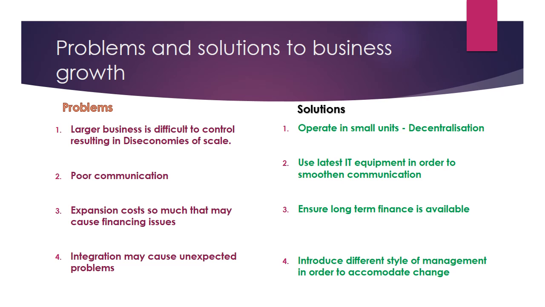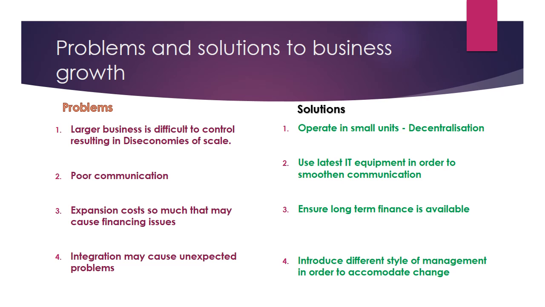Another problem would be poor communication. So when you're communicating with many different branches, the message could get lost, or the meaning could be completely changed from source to the end. Say you could start this test where you whisper something to one of your classmates and ask this message to be whispered along 10 or 20 individuals, and check what the final individual actually heard.